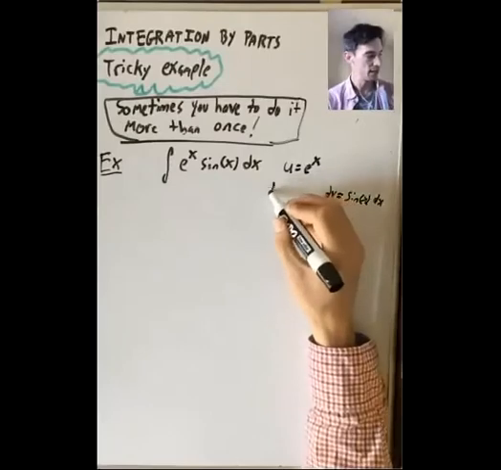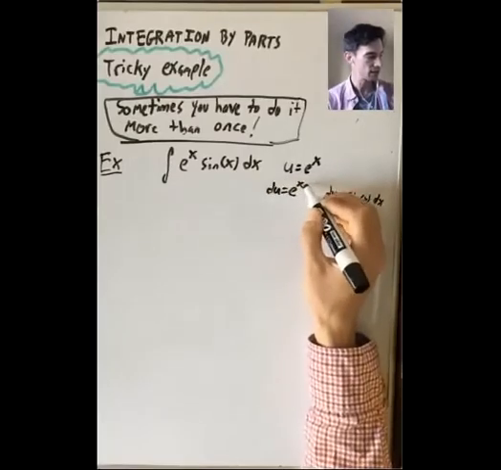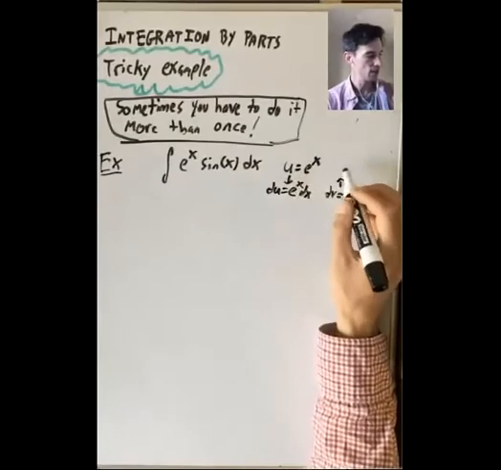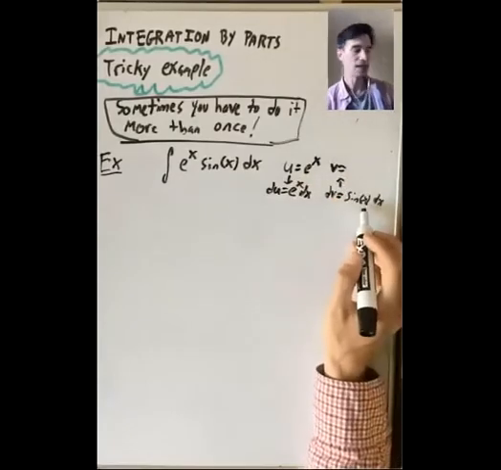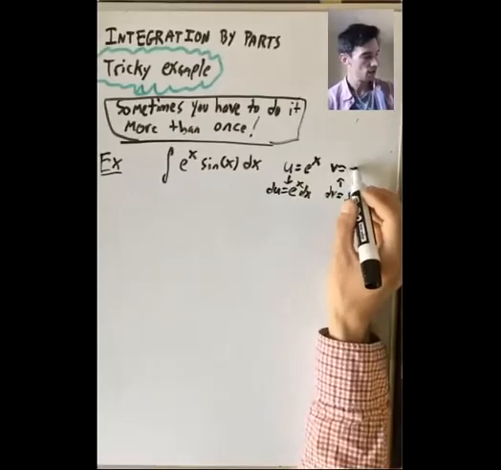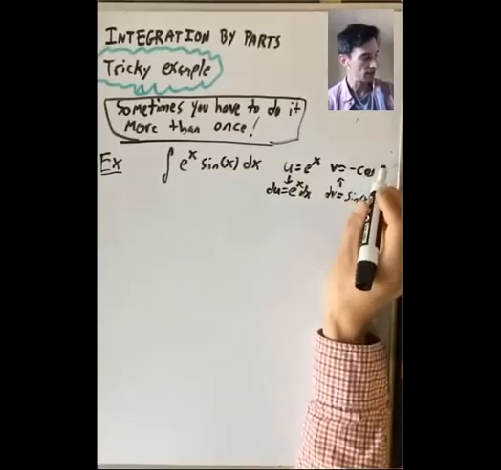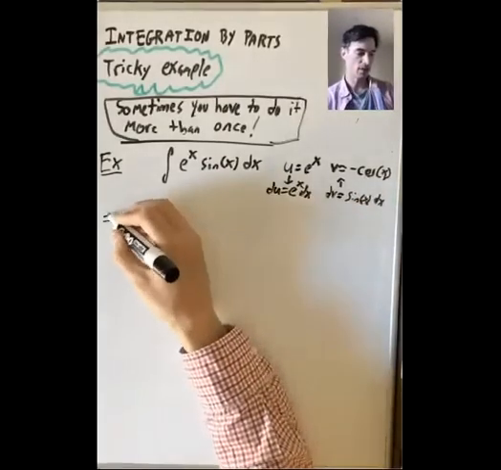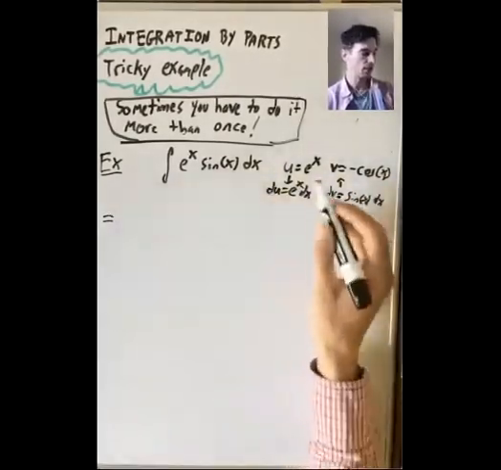So then du is just e to the x dx, going this way. And v should just be any antiderivative of sine, for example, negative cosine of x. So what does integration by parts say? This integral is now equal to u times v.